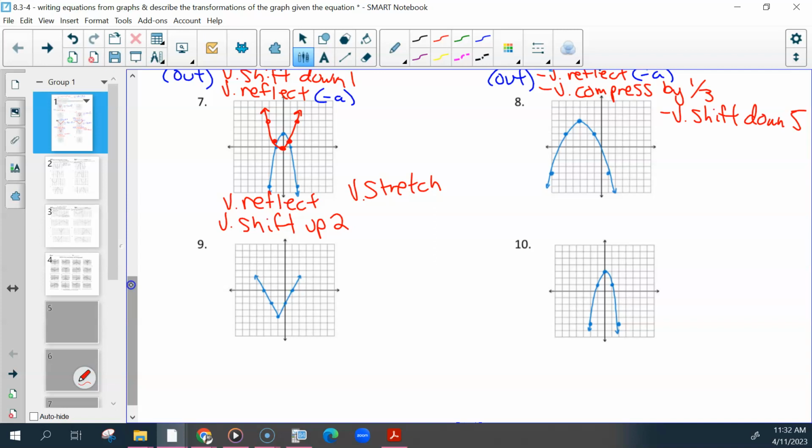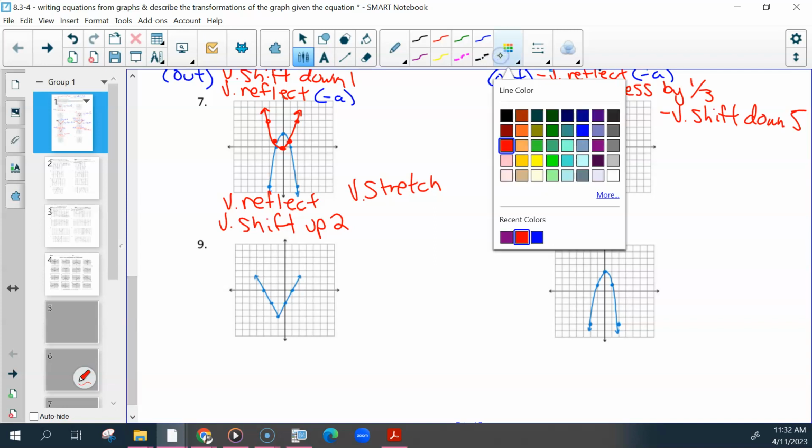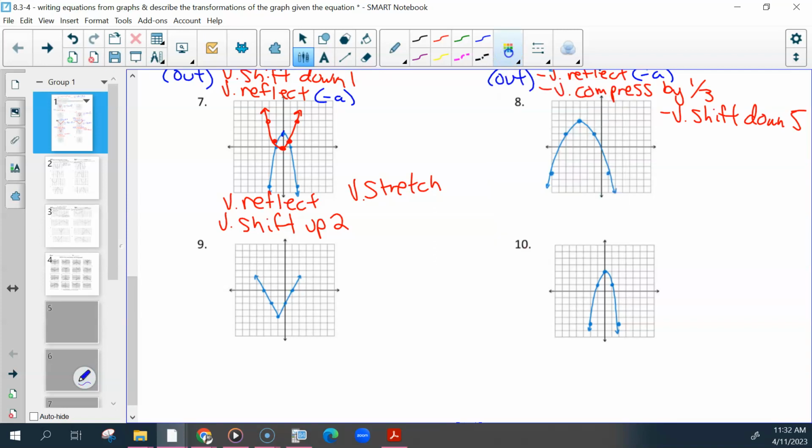Here you kind of have to look at the distance between your vertex and the points given. On the original, the distance between the vertex and one of the points was up 1, right 1. The distance here is 2, up or down 2, depending on how you start, and to the right 1. So that's how you can figure out that number.